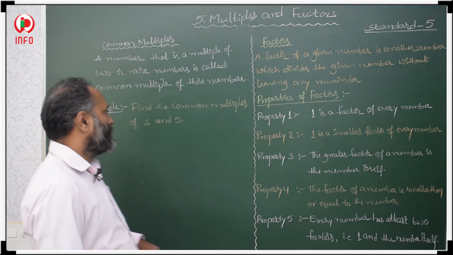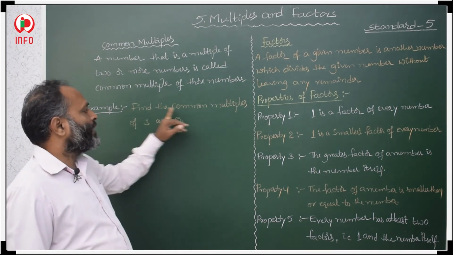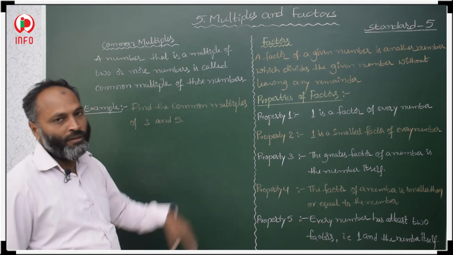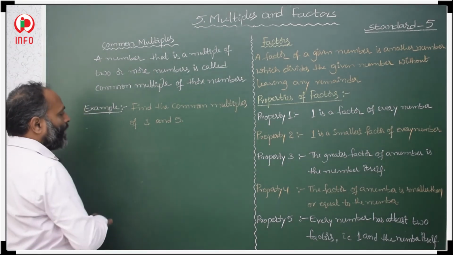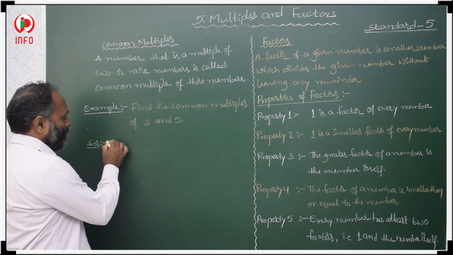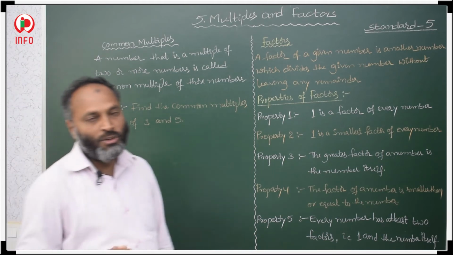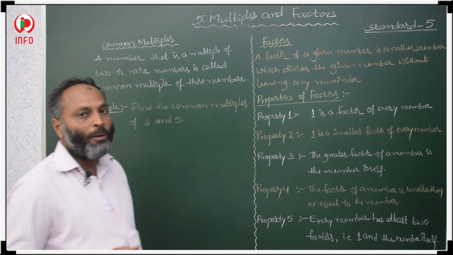We are going to explain using one example. Find the common multiples of 3 and 5. Common means the multiples should be common in both numbers. Such numbers are called common multiples.